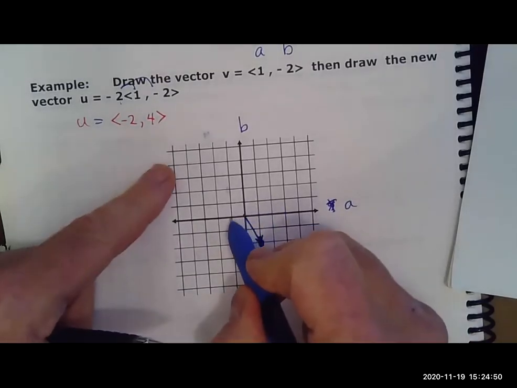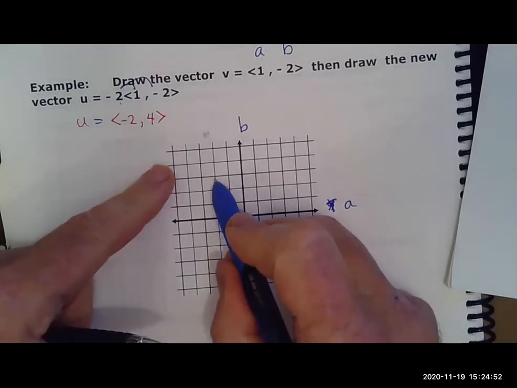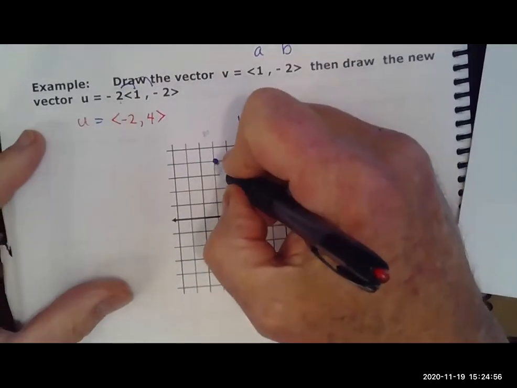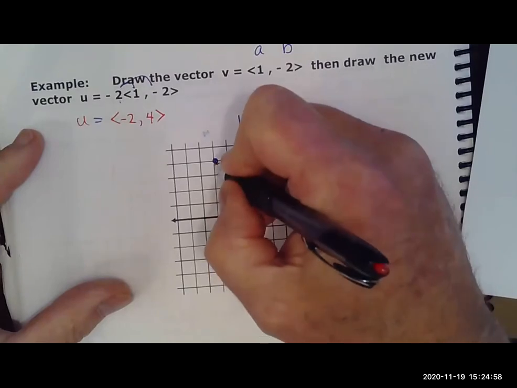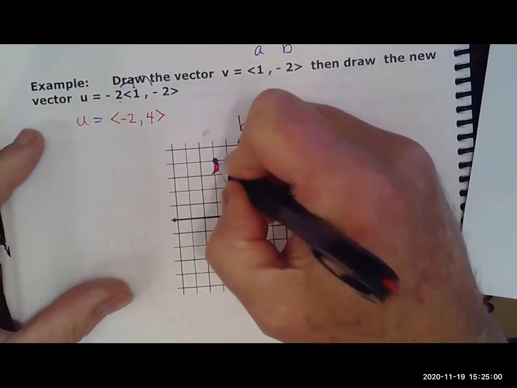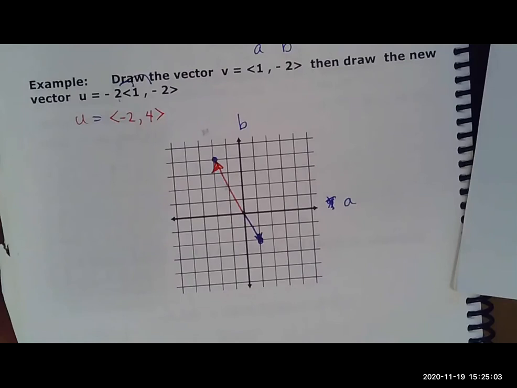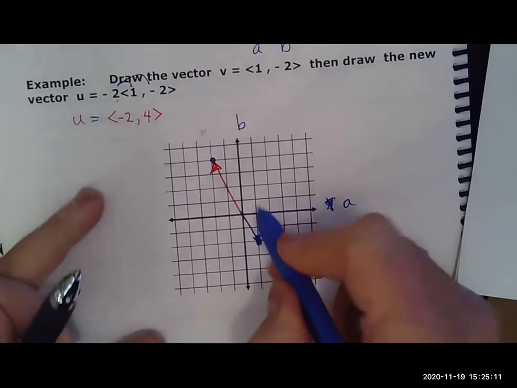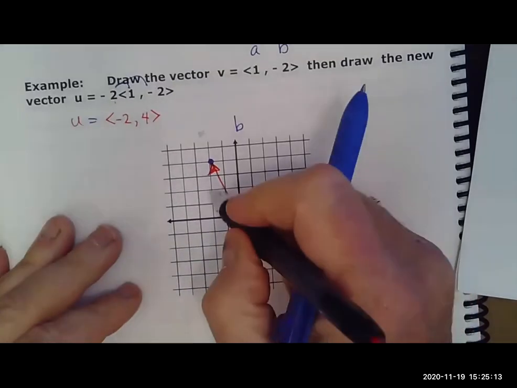So you go -2, 1, 2, 3, 4. See, so it's pointing in the opposite direction, and the red is twice as long as the blue. So this is vector v here, and this is vector u.